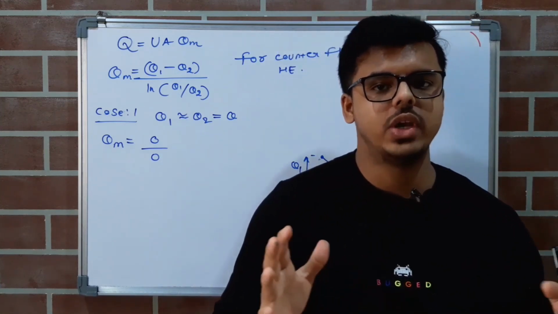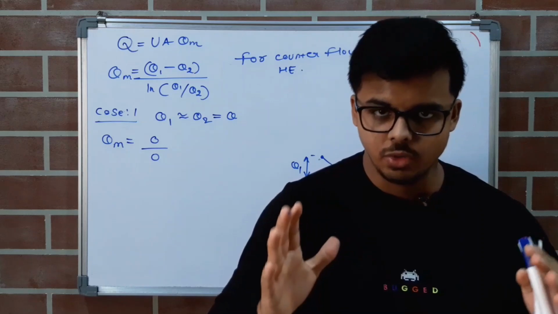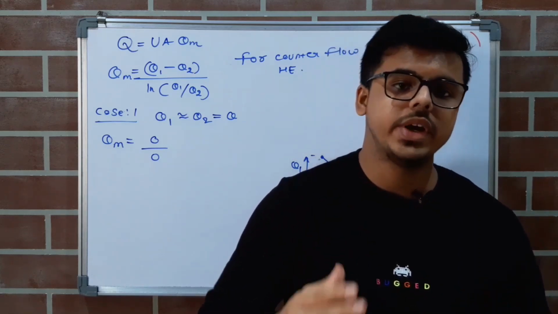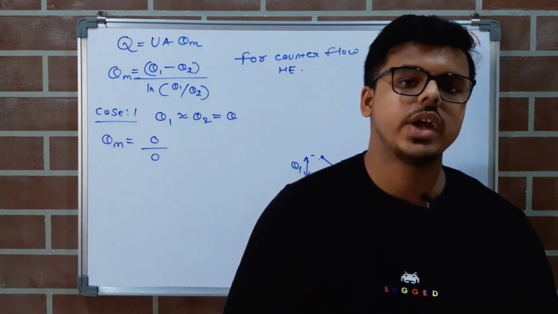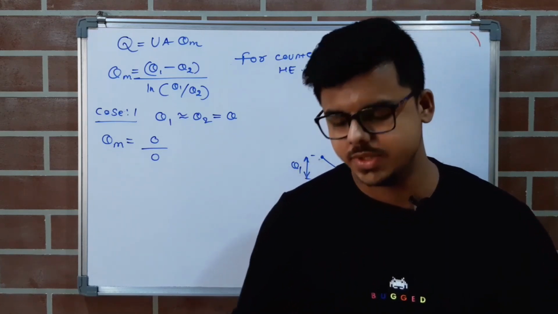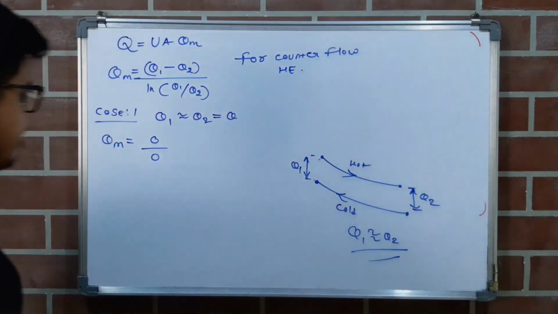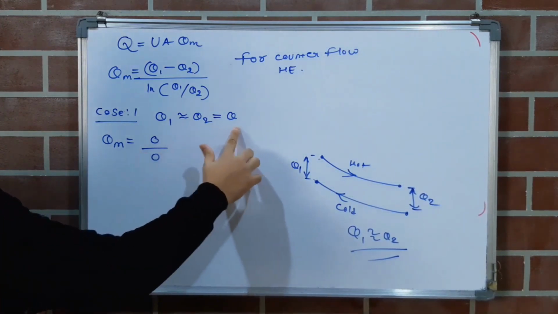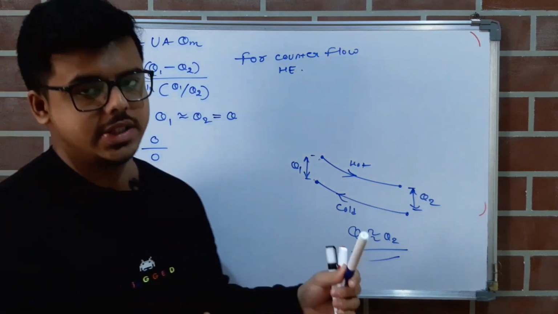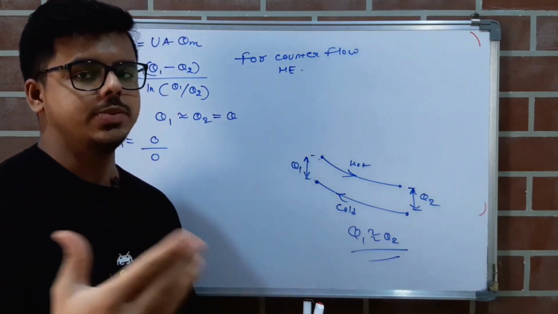If your knowledge of limits in mathematics is good, you can predict that we can use L'Hospital's rule here. So we will find the formula for this case by the limit concept, using L'Hospital's rule.